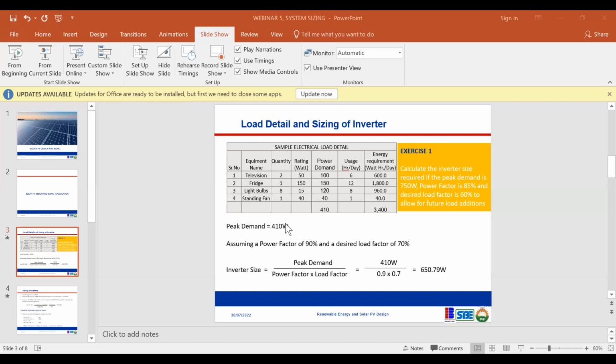So I decided to make this presentation correspond with the market reality, and that's why I changed it to watts. However, I forgot to remove this power factor. So I'm going to correct this calculation now. I'm going to remove the power factor from this calculation.